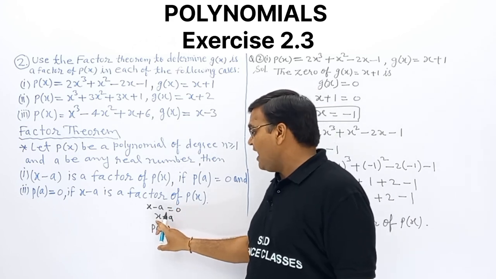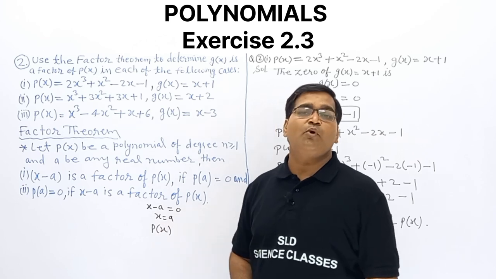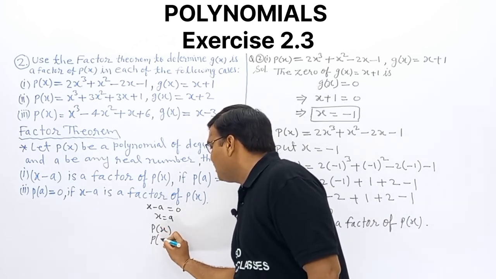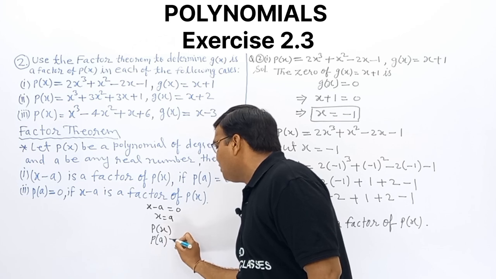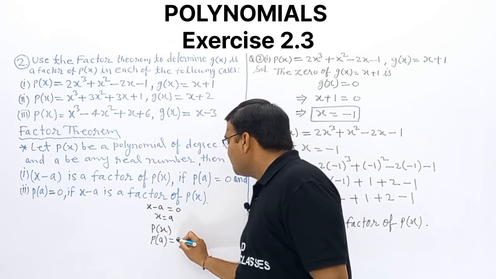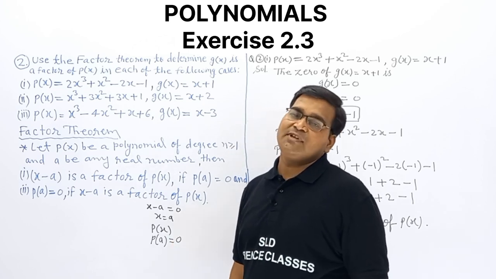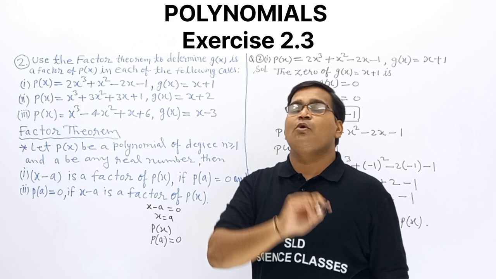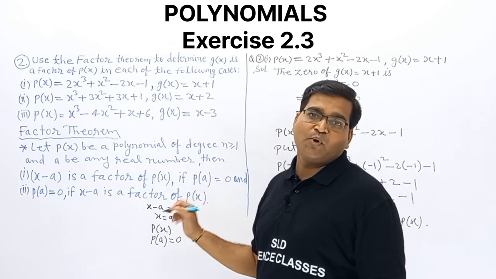Now put x equal to a in the given polynomial, and if the result is 0, then we can say x minus a is a factor of that polynomial.